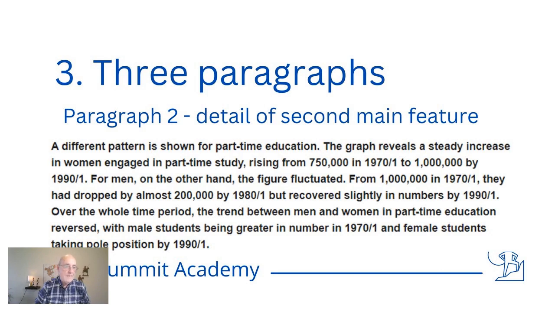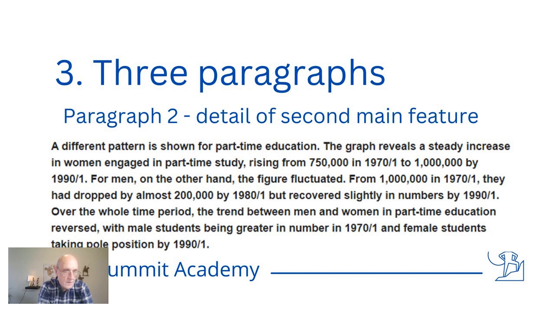Okay, and yeah, I'm going to just mention that it was a different pattern. For women, there was a steady increase in the part-time study, and I mentioned the numbers, 750 to 1 million. And then I say, on the other hand, for men in part-time studies, it fluctuated. And I mentioned from 1 million to 1971, it dropped by 200,000 to 1980, and then recovered and increased, okay?